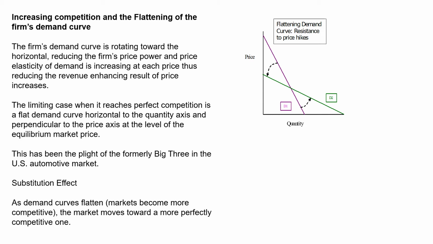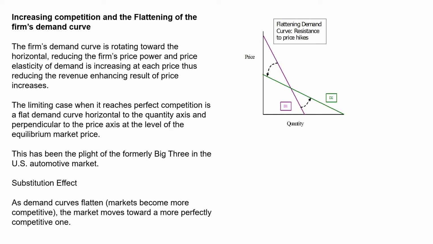The takeaway from this is that as the number of firms increases, the demand curve flattens, becomes more horizontal, and the price elasticity of that demand increases. So if you have a flatter demand curve and you raise prices, you're going to lose a lot more in terms of product that you would be selling than would otherwise be the case.